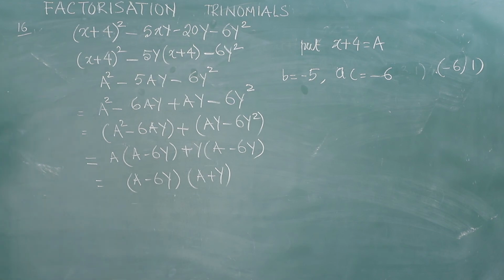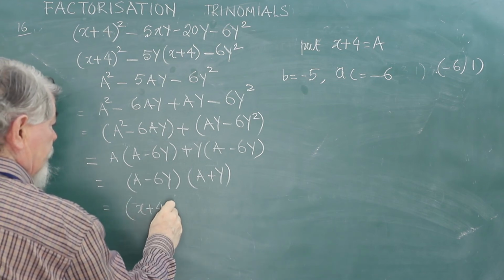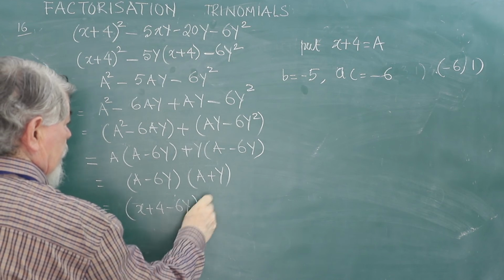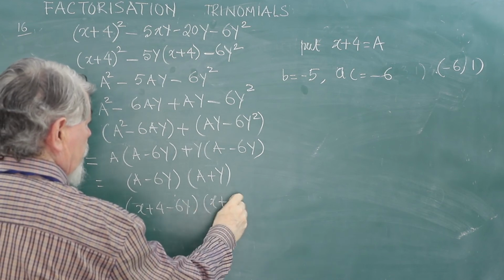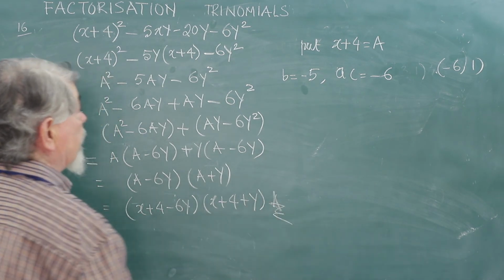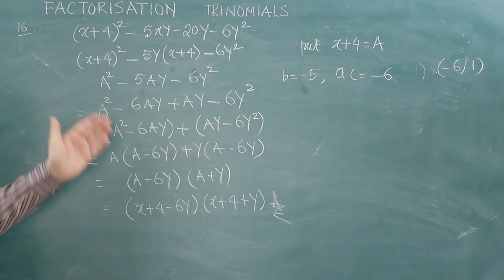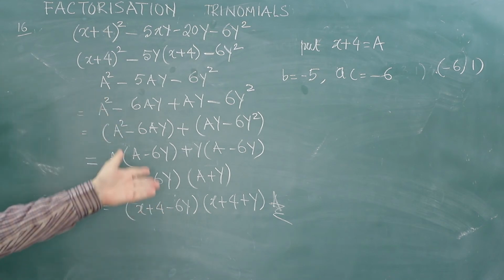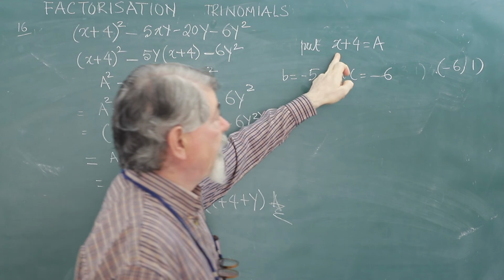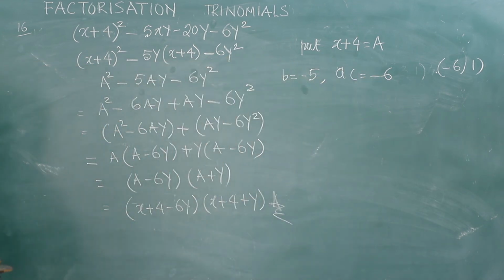Now I have to replace the value of a, where I had put x plus 4 is equal to a. So it will be x plus 4 minus 6y, x plus 4 plus y. This is your final answer. We have substituted, and finally we replaced a wherever a was there. a was replaced by x plus 4. So you get this as the final answer.